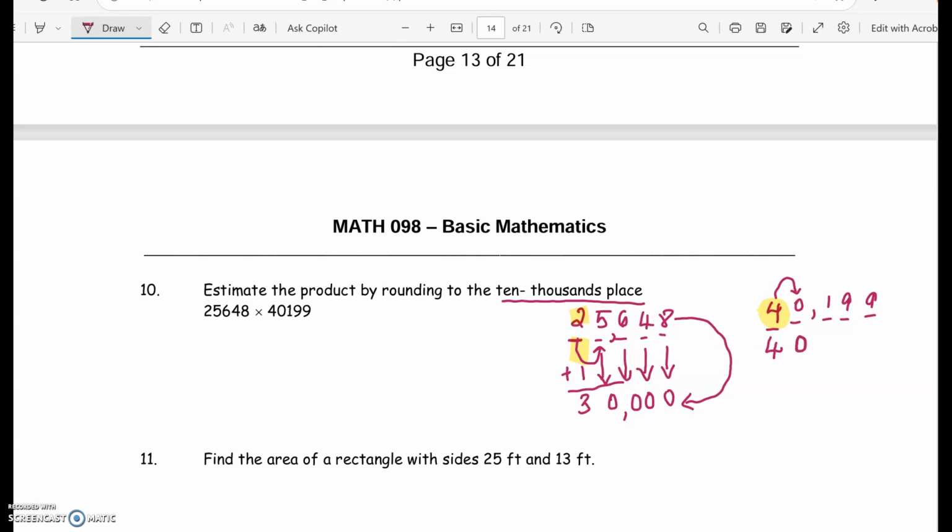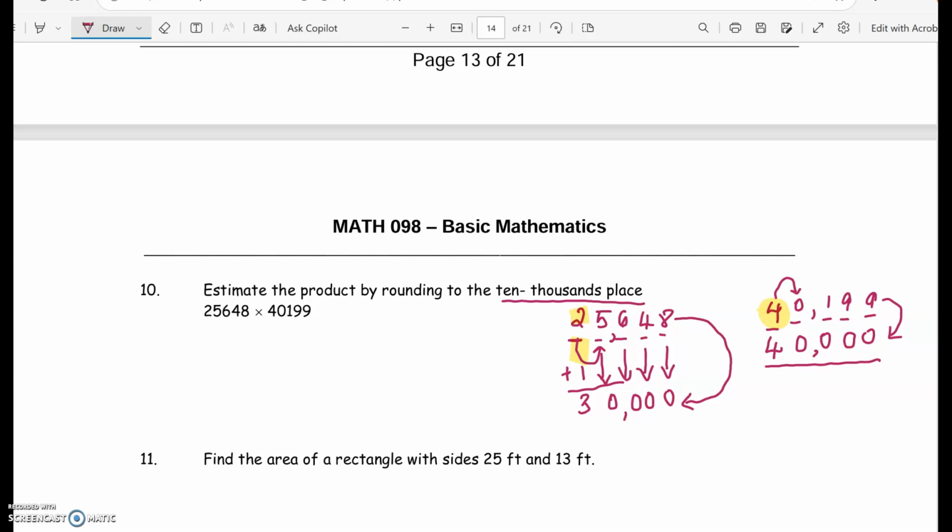Do not add a 1. That is what rounding down would mean. And you have 40,000 roughly. And if you look at this, 40,199 is pretty close to 40,000. So the rounding is correct.